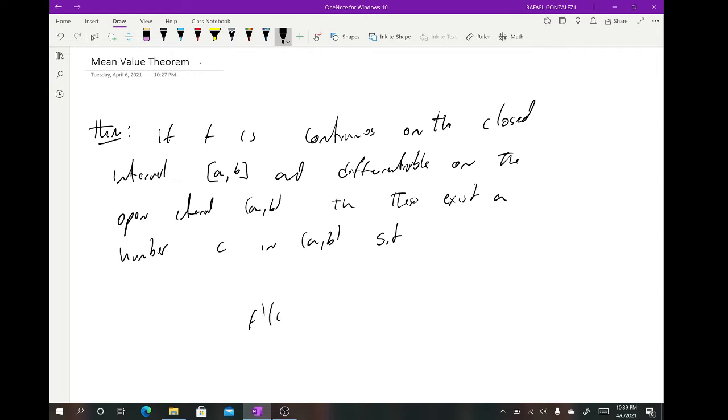The derivative evaluated at c is equal to f of b minus f of a divided by b minus a.